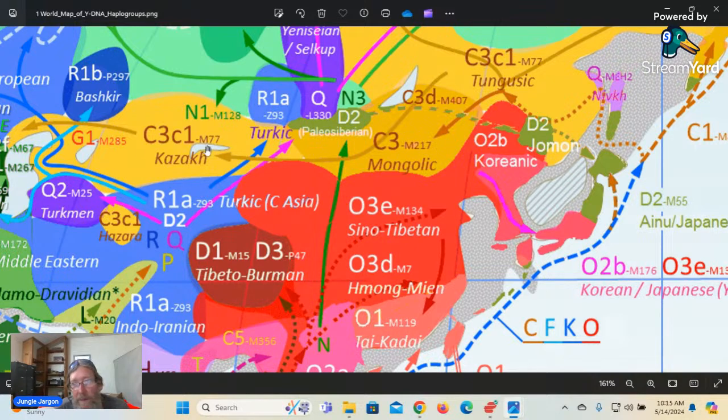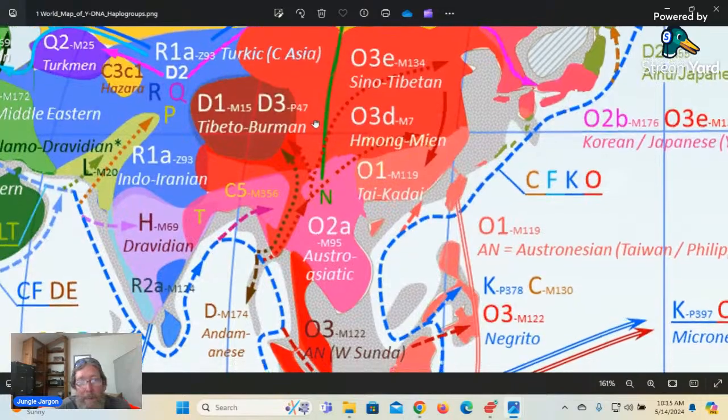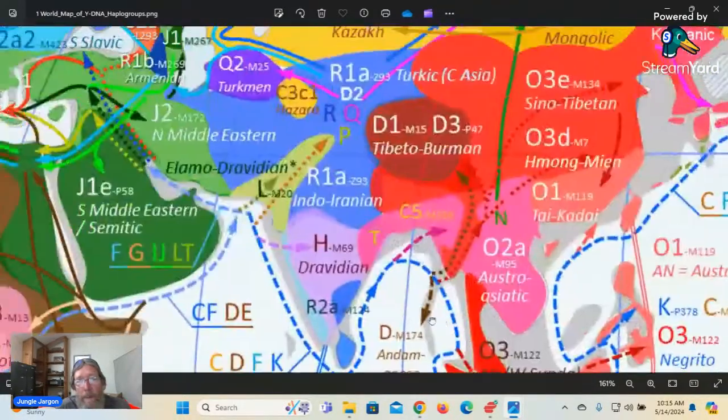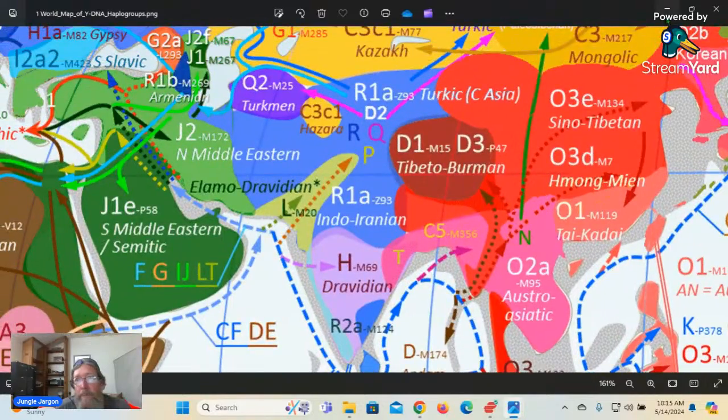C being descendant of Cush, D being descendant of Canaan. Both of them Hamitic in the Altai Mountains, way, way up north. Now, how did that happen? Anyways, I guess that's enough for me going on and on about it.